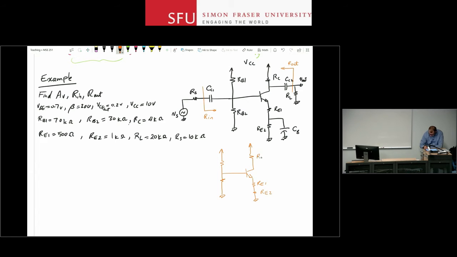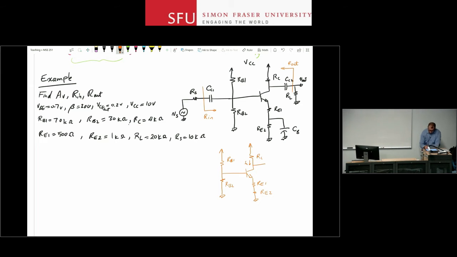So the goal here is to figure out the values of, let's say, the device terminals and the currents, right? IC is the most important one because we needed IC to figure out GM and RPI and all that.